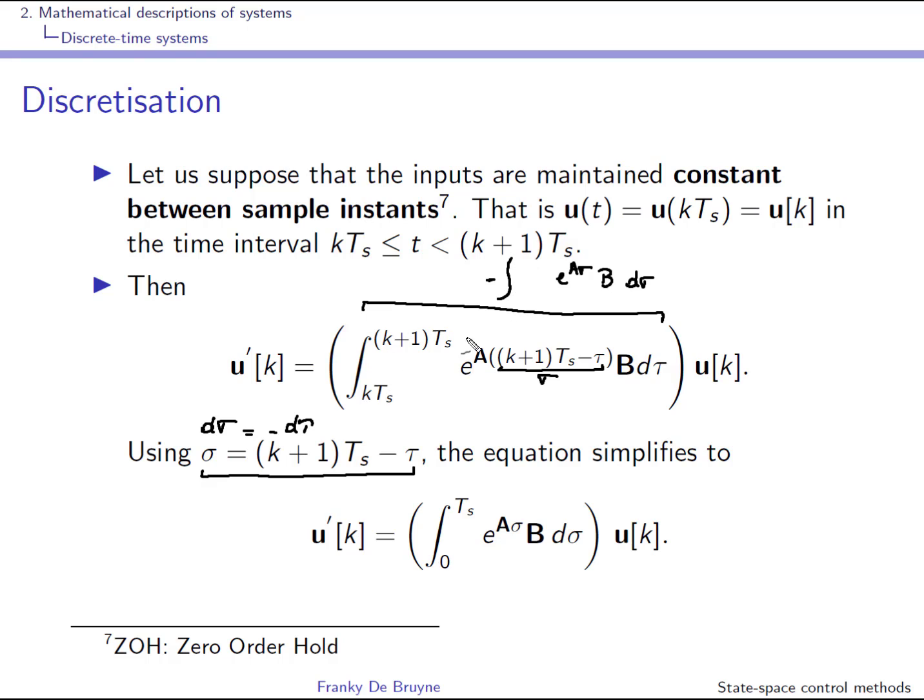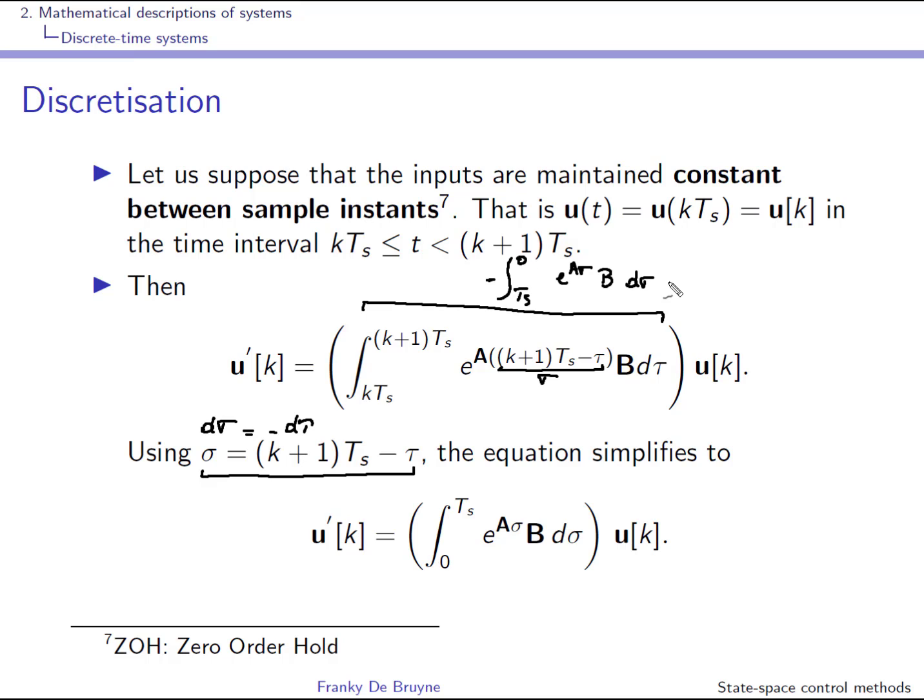And then we have to look at the integration limits. Here the lower limit, if you plug tau is equal to kTs in here, you'll have Ts, and if you plug tau is equal to (k+1)Ts, the upper integration limit will be 0.